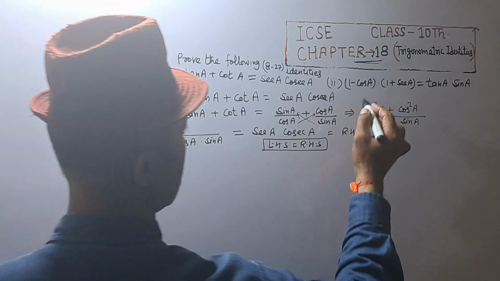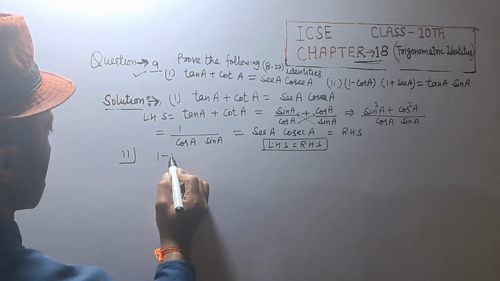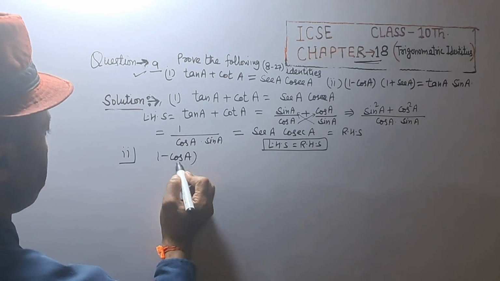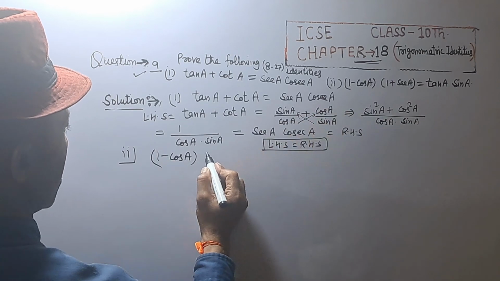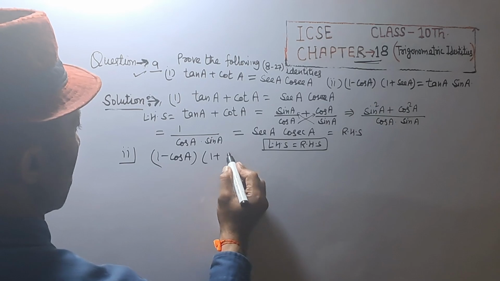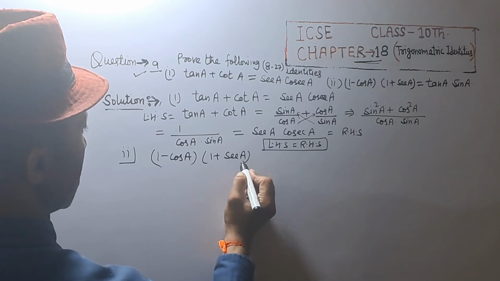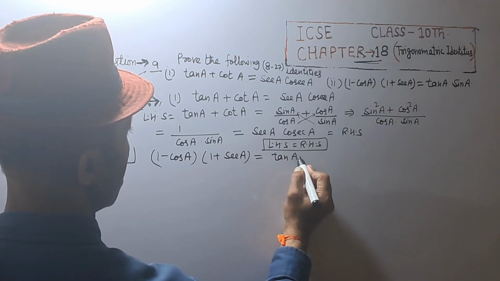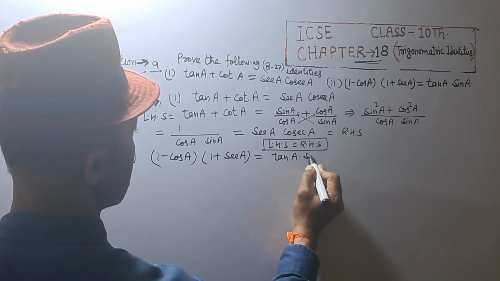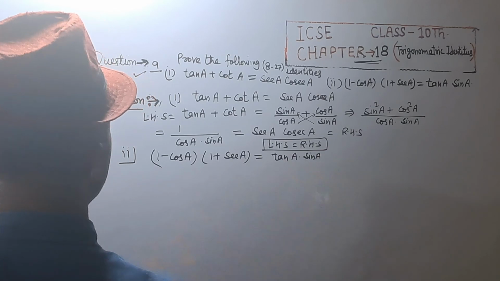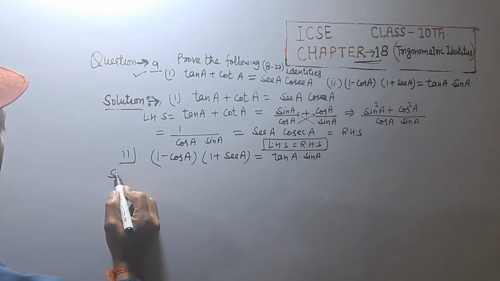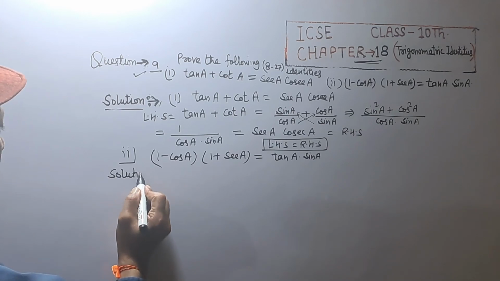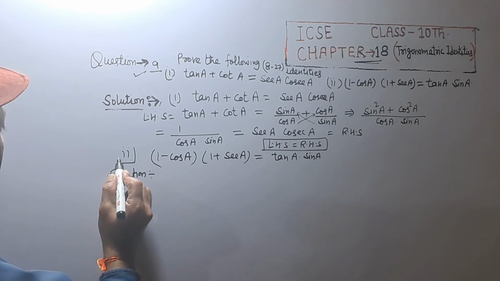And the second part, that is 1 minus cos A into 1 plus secant A, that is equal to tan A into sin A. Solution.